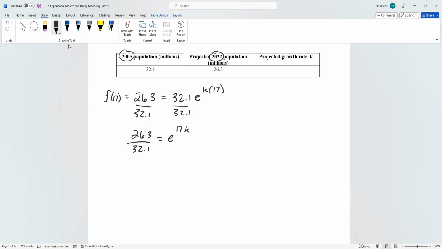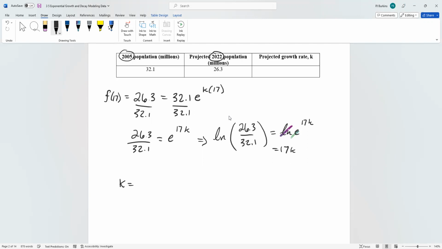To get rid of e, remember we have to take the natural log of both sides of the equation. So I have the natural log of this fraction equals the natural log of e to the 17k. And because these are inverse functions, they cancel one another. And I just get 17k. So now it's pretty easy to get k from that.